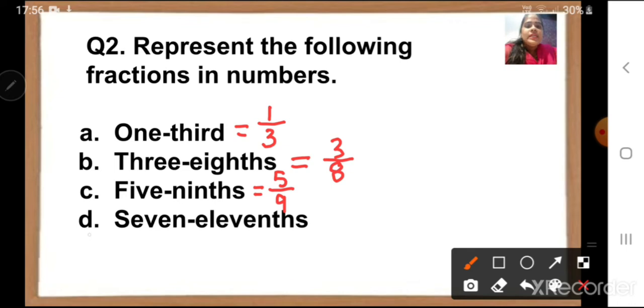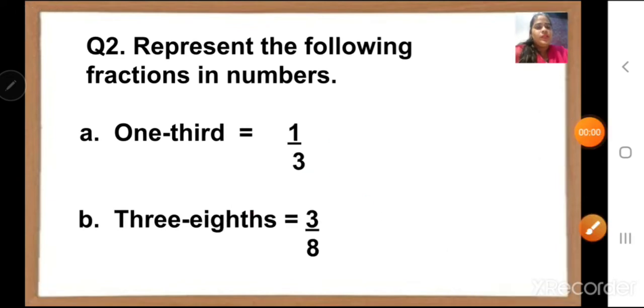Okay. D1 is 7/11. Okay. So how will we write that? 7/11. So children, note down the answers.